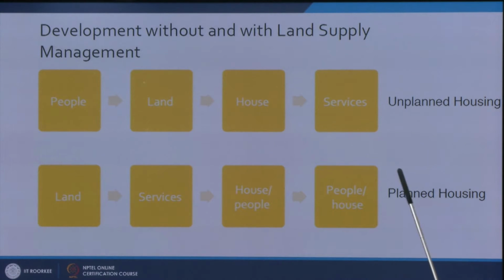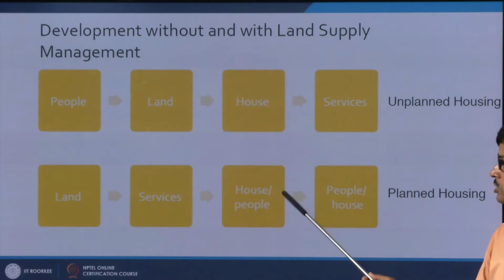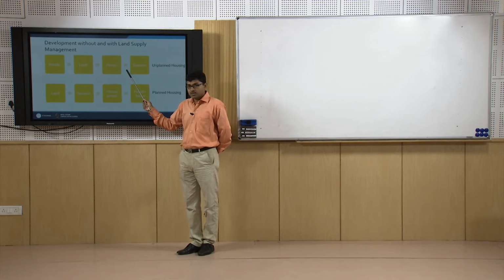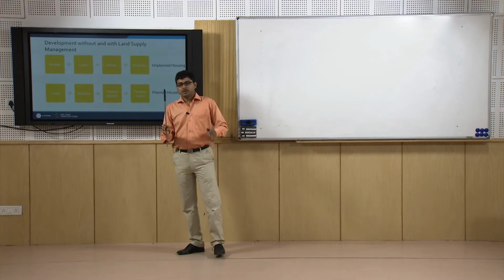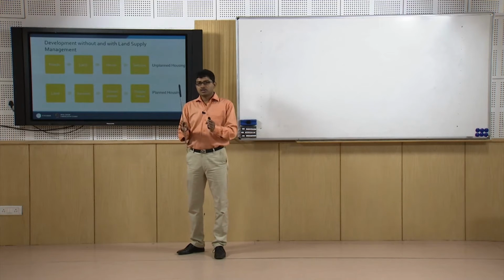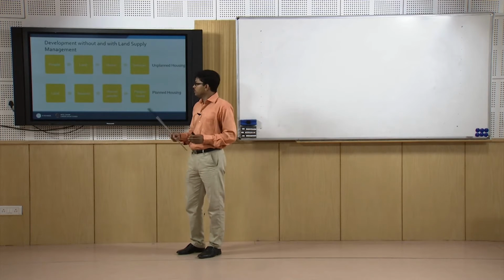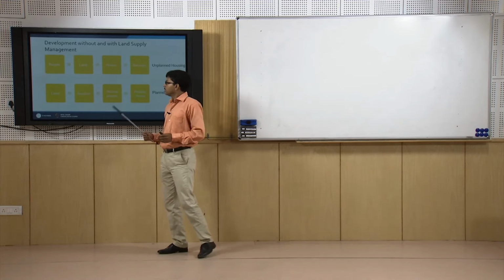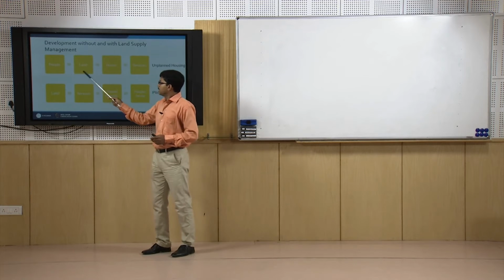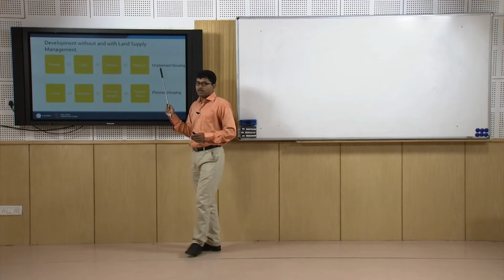The fundamental difference between these two approaches: the first approach is the conventional one, more common in India, where most houses are privately owned single family housing, or at most multiple family housing, on a single ownership plot, which is basically unplanned housing.